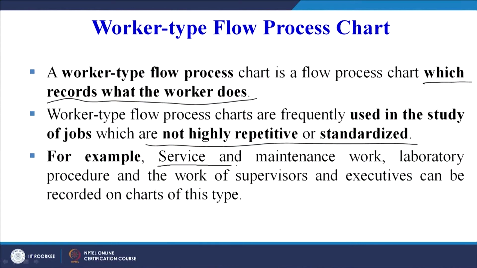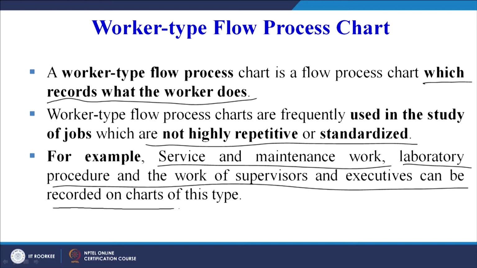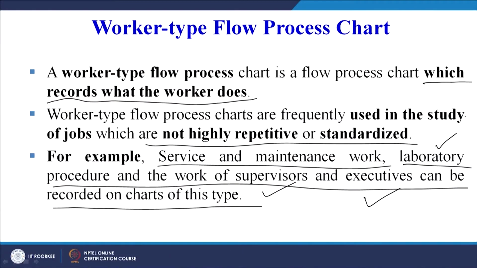Service and maintenance work are the key areas. Laboratory procedures and the work of supervisors and executives can be recorded on charts of this type. We will try to understand this with the help of application areas and examples, but supervisors, executives, and the work being done in the laboratory can all be analyzed and examined using the flow process chart.